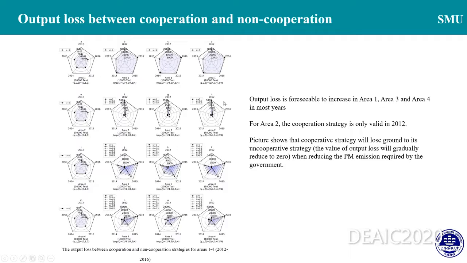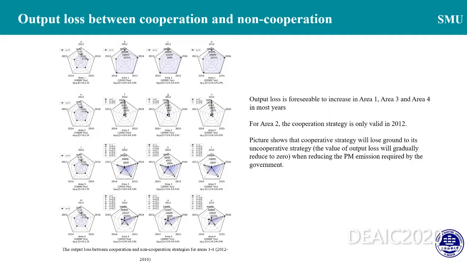Consider area 2, where the cooperation strategy is only valid in 2012. The possibly inefficient ports in area 2 may consider dropping out of the alliance to seek new partners, or the alliance kicks out the relatively inefficient members to optimize the sum of the standard container throughput.